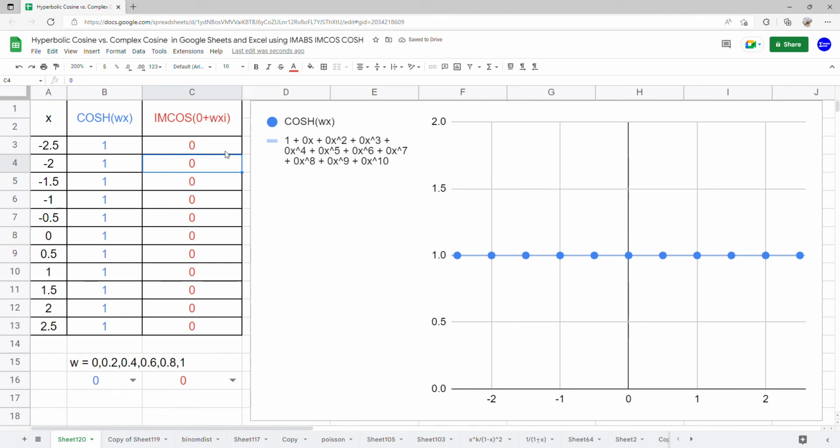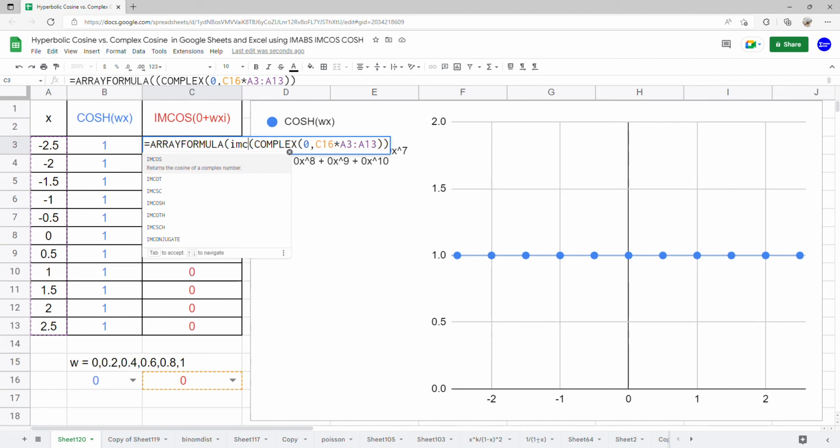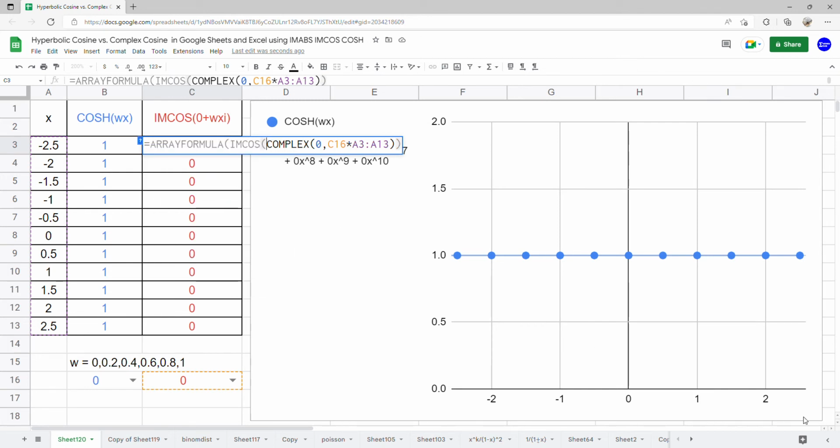And continue with the cosine. So imaginary cosine of a complex number, IMCOS.